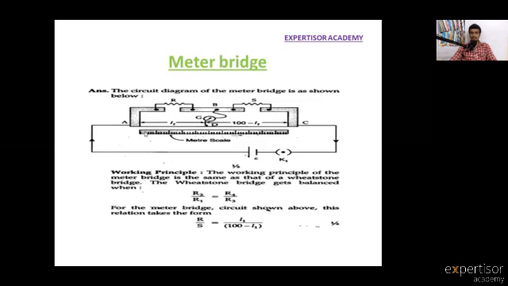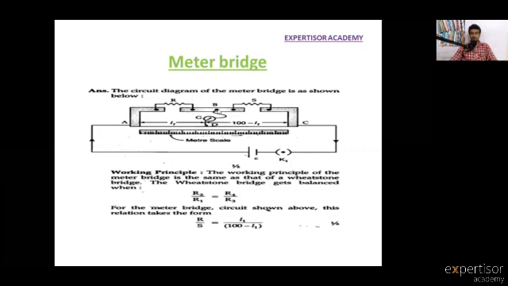This meter bridge also has a meter scale. This is the meter scale. At these 2 points and these 2 points, we have the resistors. And look at this.